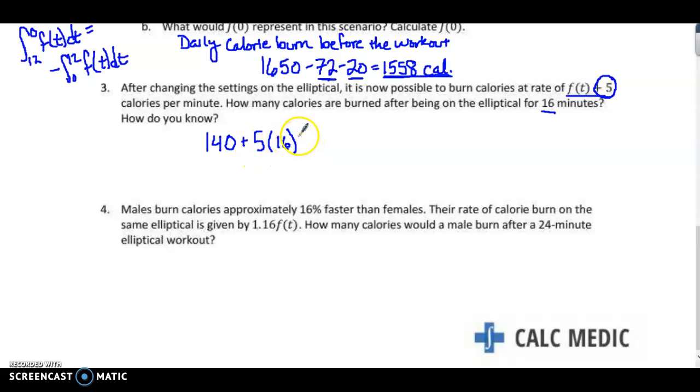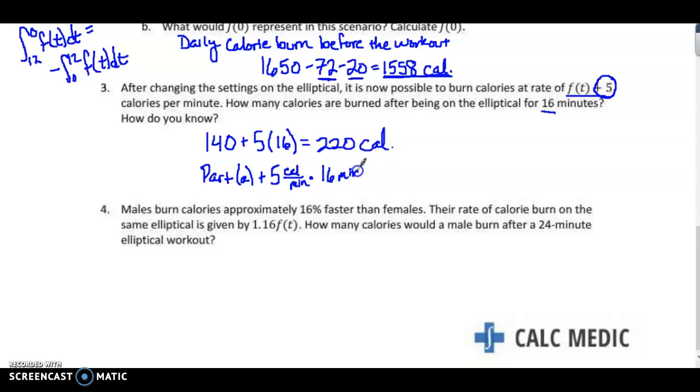So 5 times 16, you put that together, that's 140 plus 80, so that's 220 calories that have been burned in that 16-minute period. So we've got part A here that we calculated earlier, and then we've got the 5 calories a minute additional rate of change multiplied by 16 minutes.